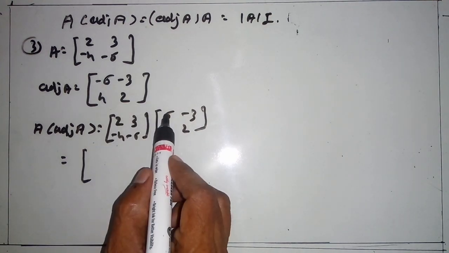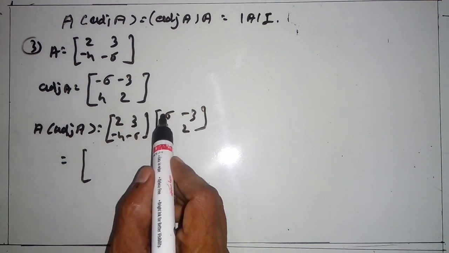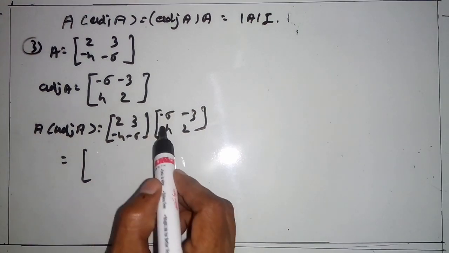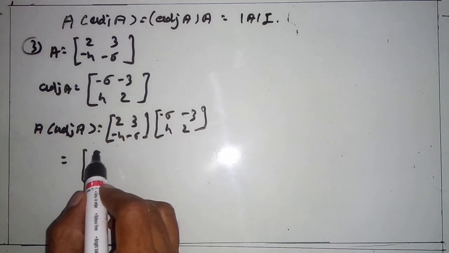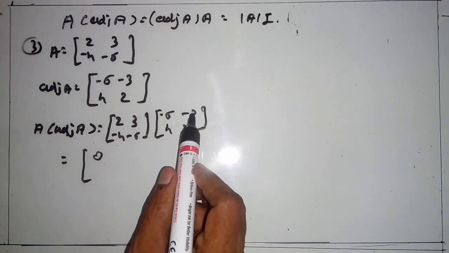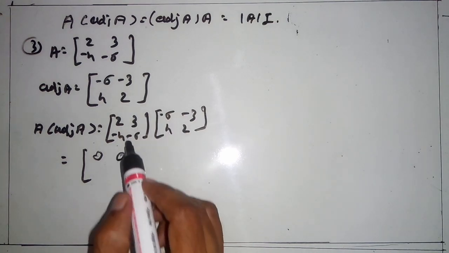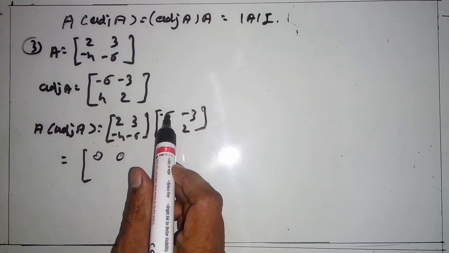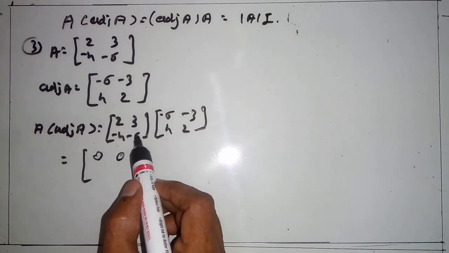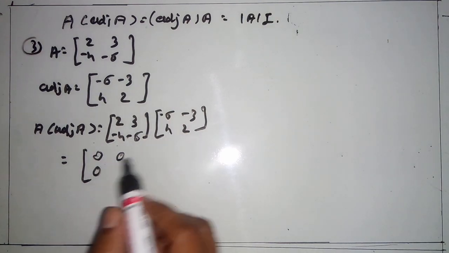2 into 6, 12. Here minus 2 into minus 6 becomes minus 12. 3 into 4 becomes plus 12. So here we get 0. Similarly 2 into 3, 6 minus 3 into 2, 6 plus, so that becomes 0. 4 into minus 4, minus 6, plus 24, and minus 6 into 4, minus 24, becomes 0.